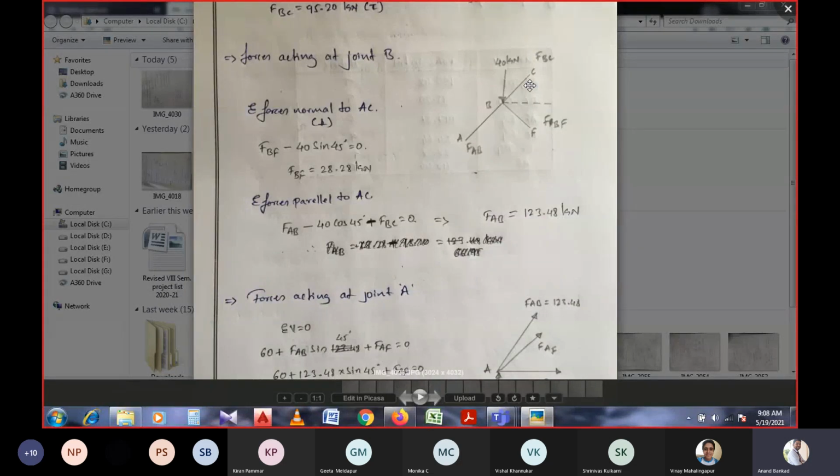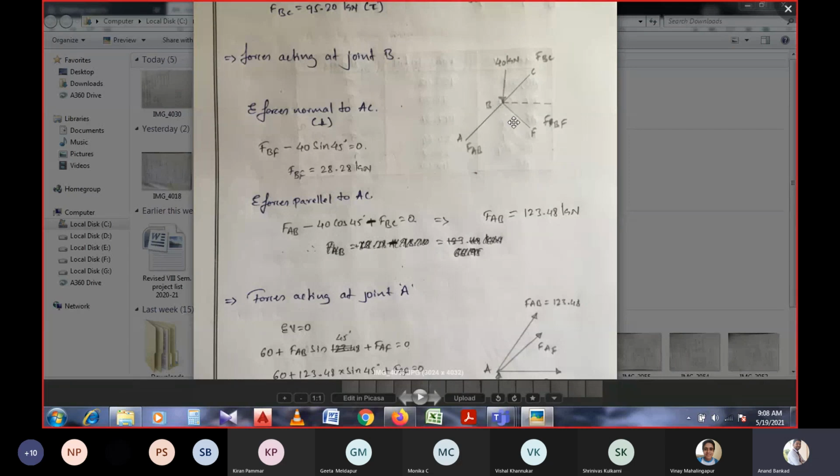The force acting normal, perpendicular to the member, is FBF, which acts perpendicular to AC. In order to get the force in member BF and in member AB, we take forces parallel to the member and normal to the member.